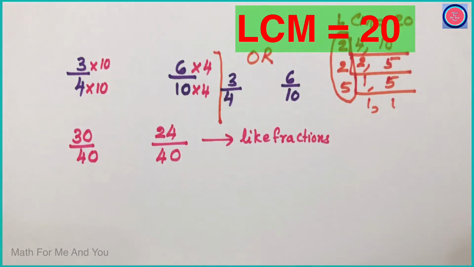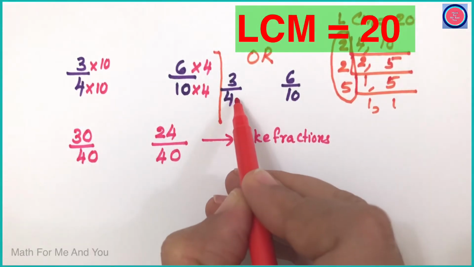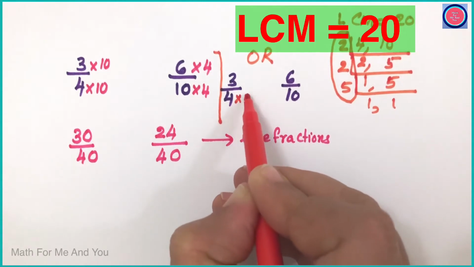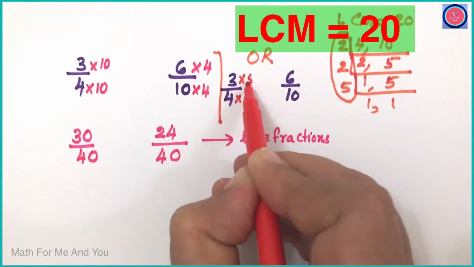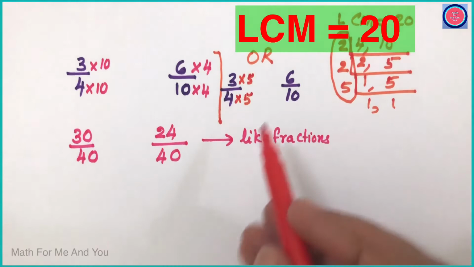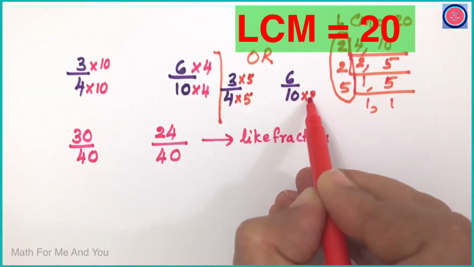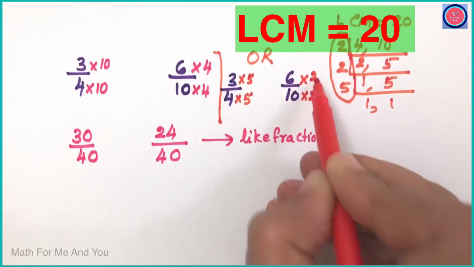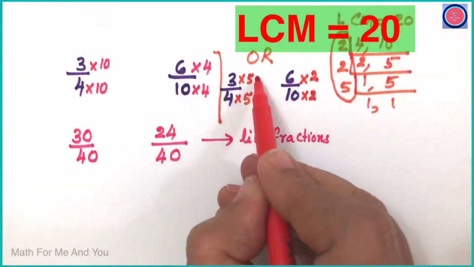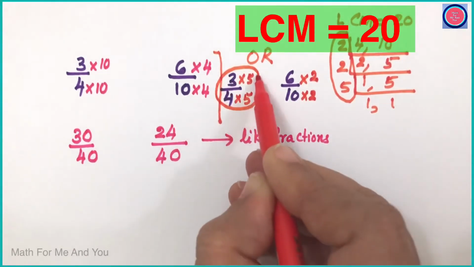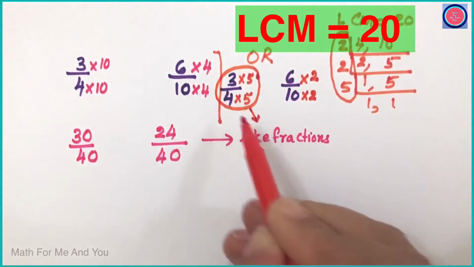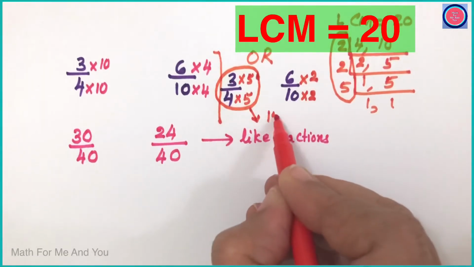We can change the first denominator 4 to 20. 4 times what number? It is 4 times 5. So 3 also we multiply with 5. Then the second fraction, 10. We want 20. 10 times 2 gets 20. Also 6 times 2 we do. Then the first fraction changes to 15 over 20.